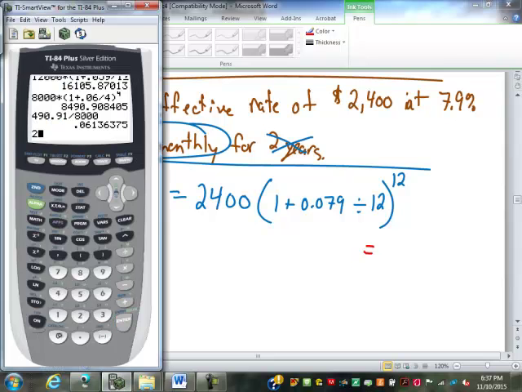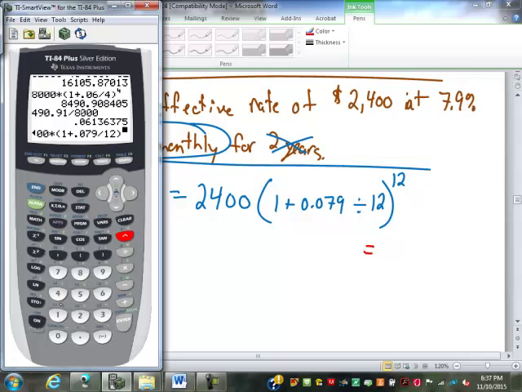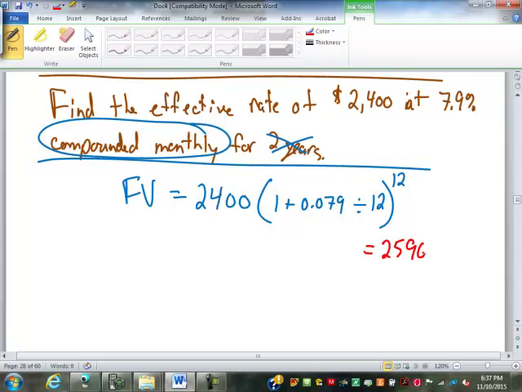So 2,400 times 1 plus 0.079 divided by 12, close parentheses, power of 12. 2596.62. So that is the future value after 1 year.